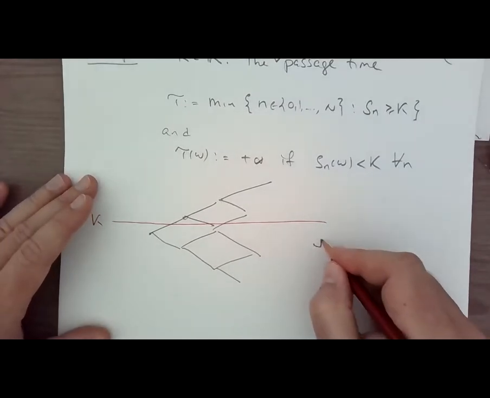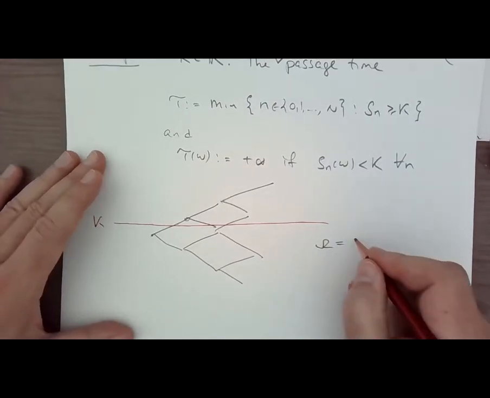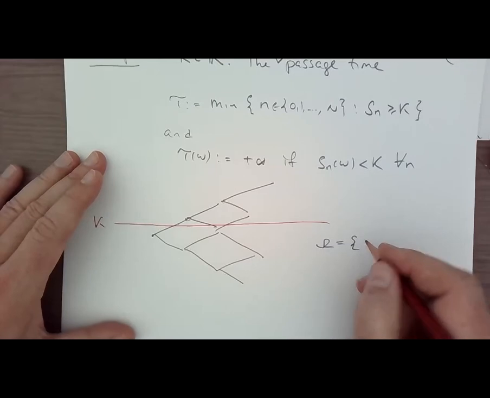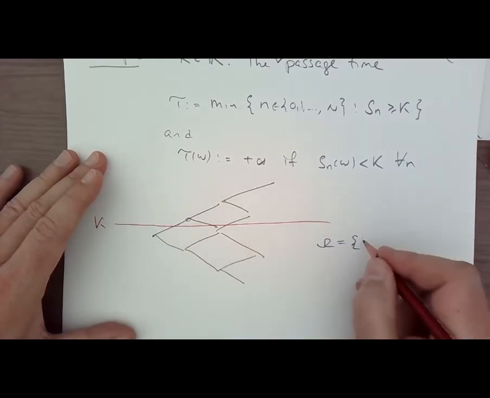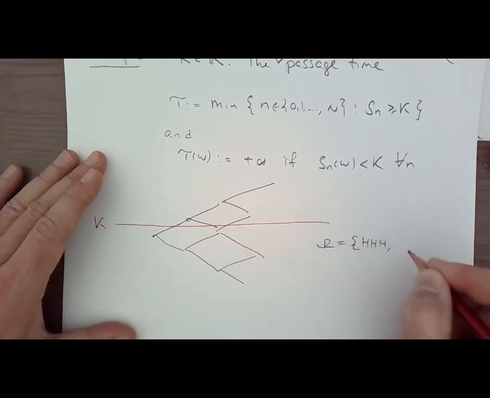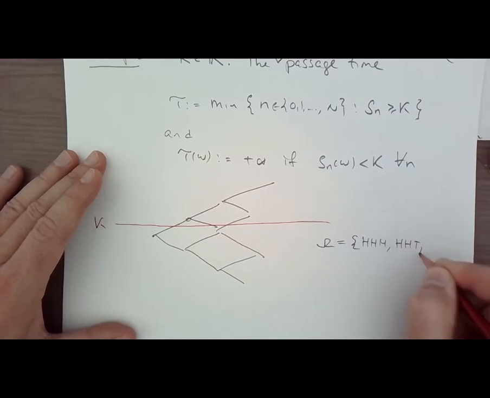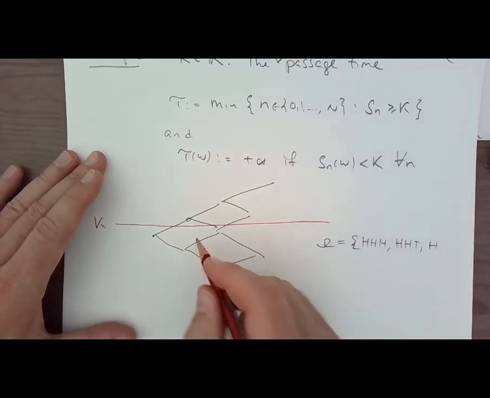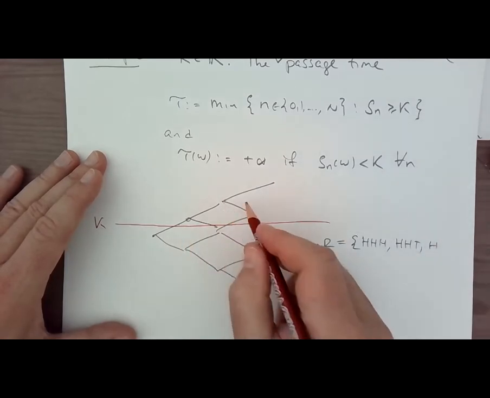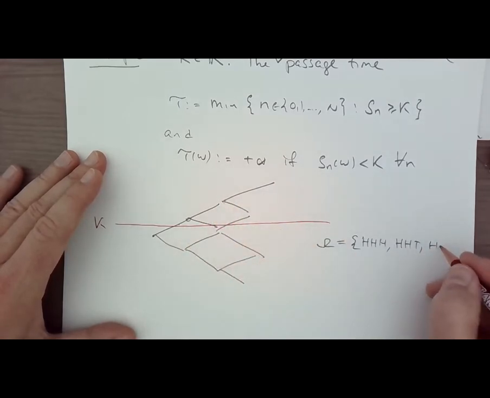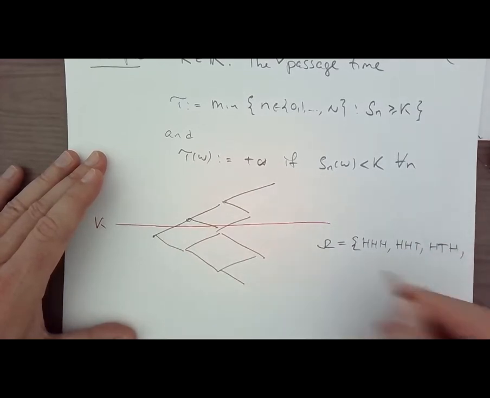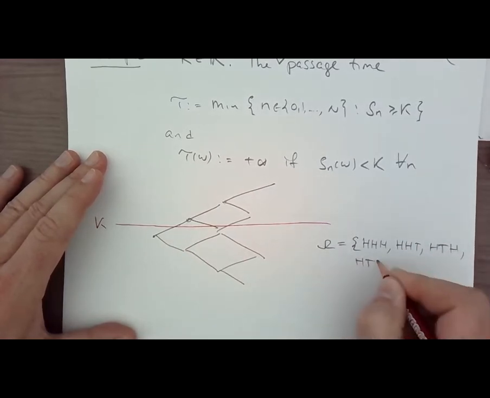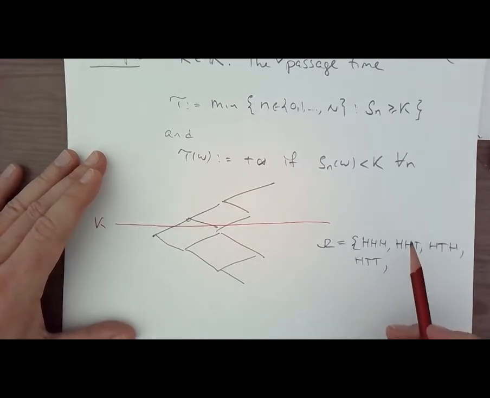So in this case, our omega is equal to, so what would be heads, heads, heads, heads, heads, tails, heads. So we need a heads, tails, and then heads, heads, tails, tails. How many should we have?